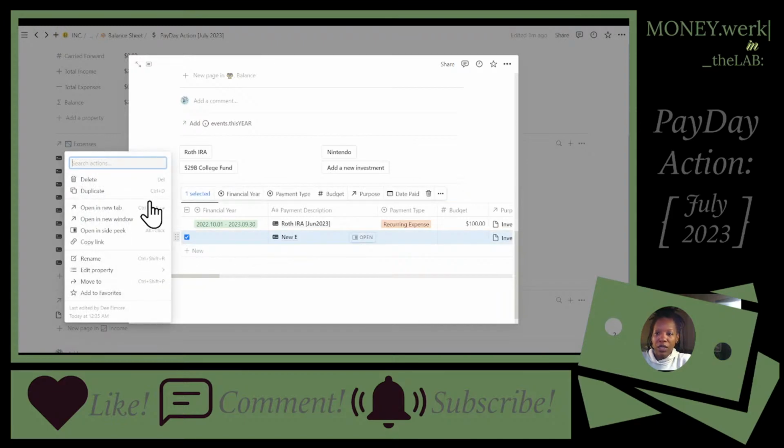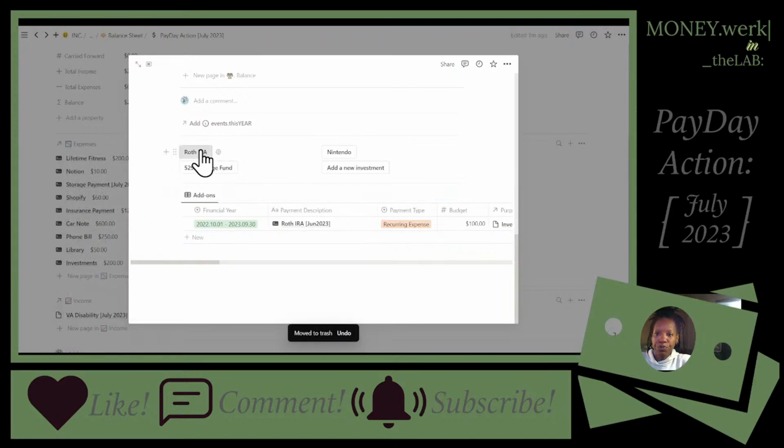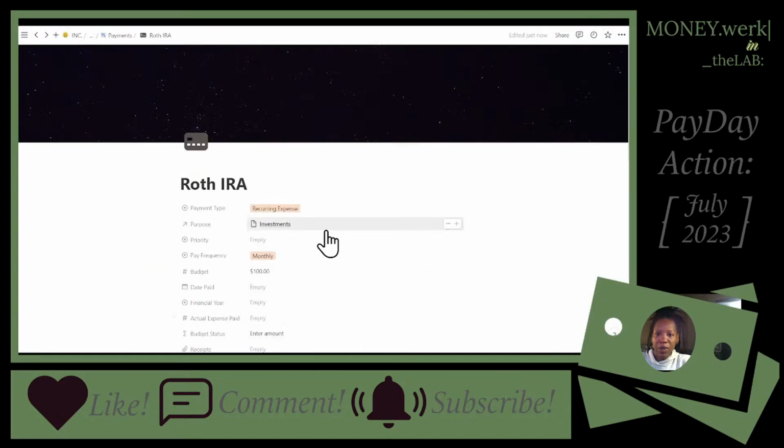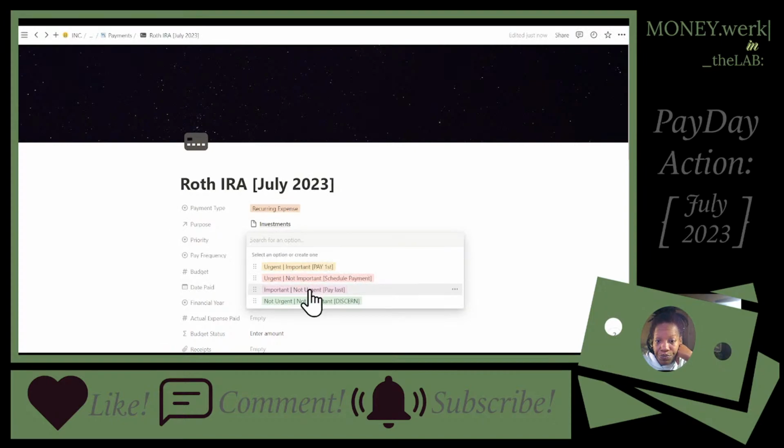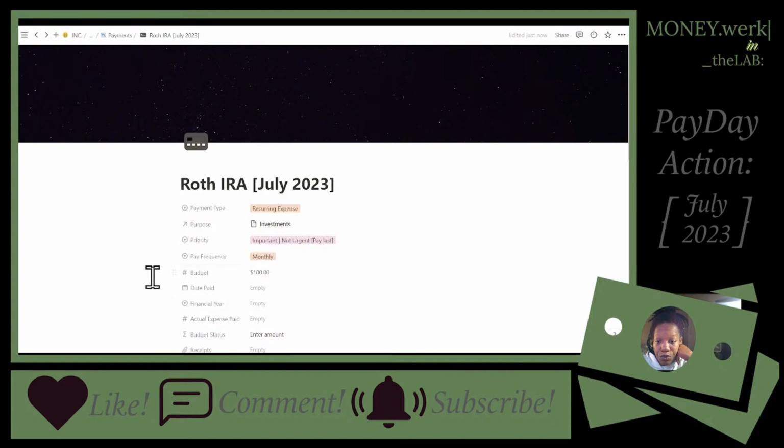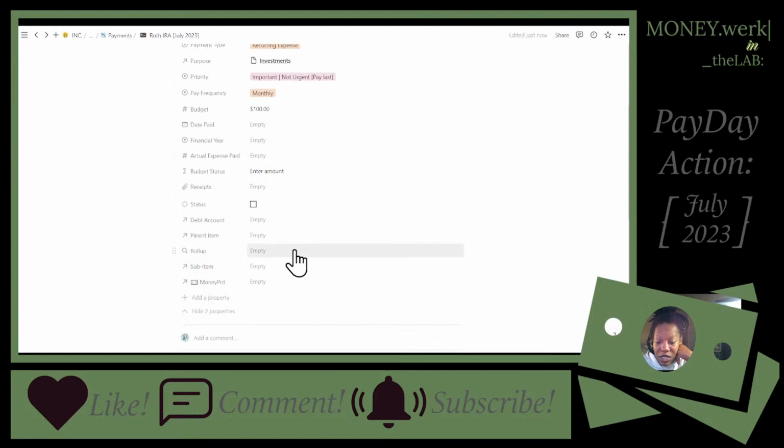So this button here created a page. Sometimes the buttons confuse me because I don't know that I'm telling it to go to the place it's supposed to go to yet.